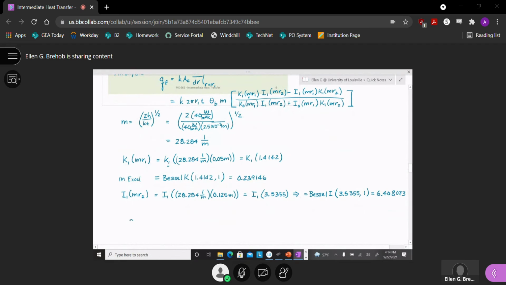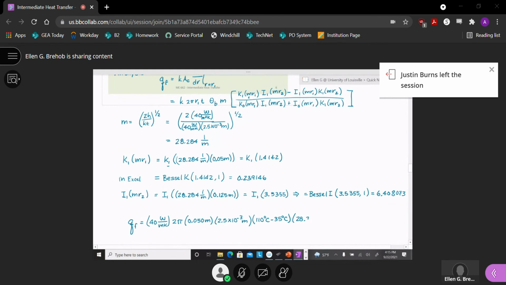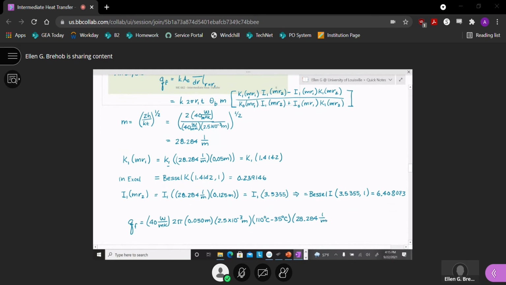So QF is equal to, let's see, K, 40 watts per meter Kelvin, 2 pi, R1, thickness, theta B, 110 degrees C minus 35 degrees C, and I need an M. Okay, and then all these terms out here.